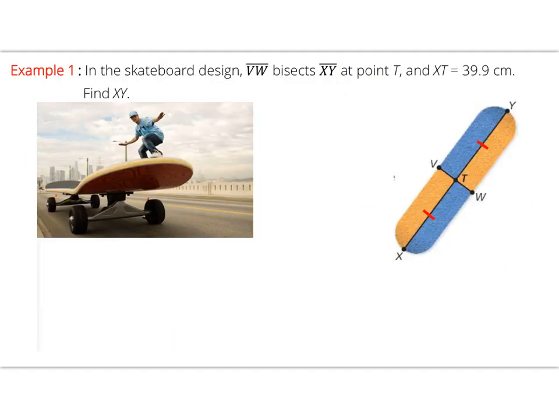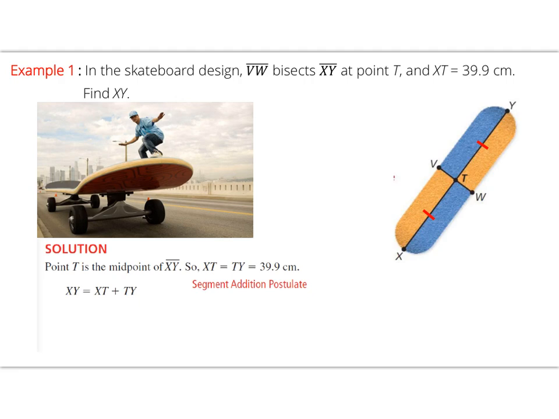All right, so in the skateboard design here, we have segment VW bisecting segment XY at point T. So we have a segment that's a segment bisector, and then we have XT is a length of 39.9. So we want to figure out and find the length from X to Y. So we know that each of these parts have equal lengths.